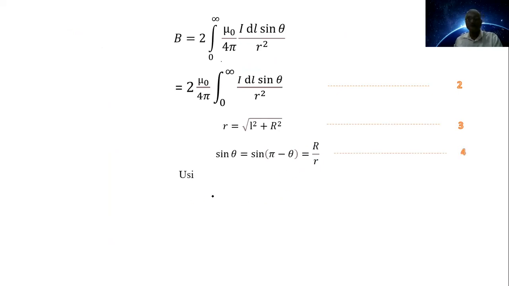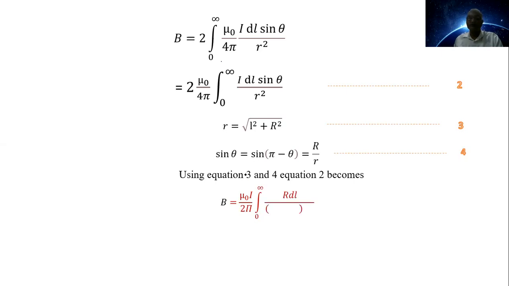Putting these values in this equation, we get B equals mu 0 I upon 2 pi, where the 2 gets cancelled, and in the bracket r dl. How do we get it? Sin theta is equal to r upon R. We have put the value of sin theta, that is r upon R, and that's why R square into R becomes R cube.